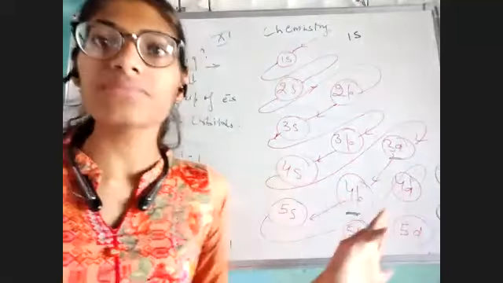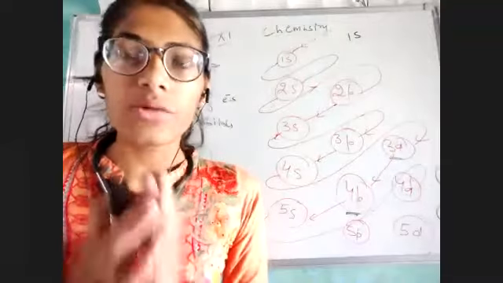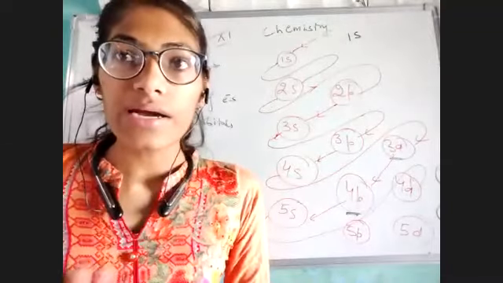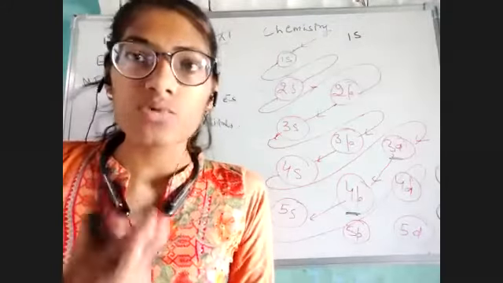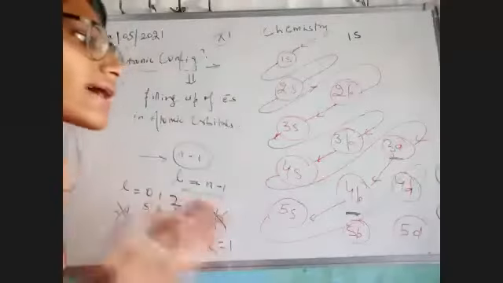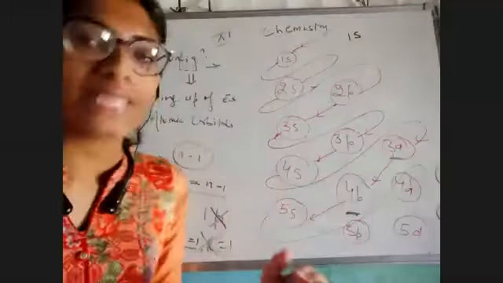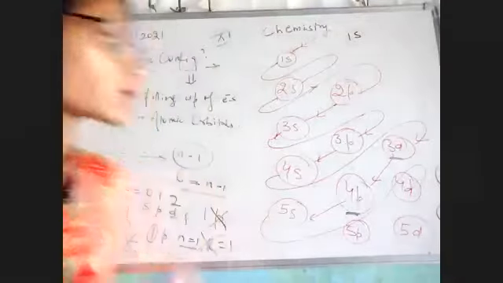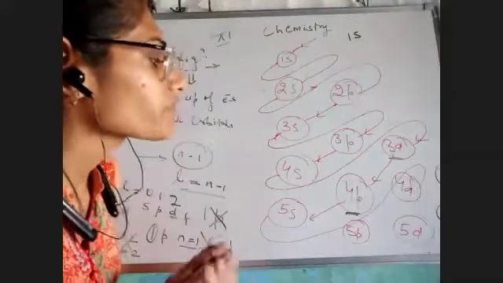This is not something based on a rule. The rule says that 1s, 2s are arranged in order of increasing n as well as n plus l. I have told you that if our n plus l value is lower, then it has lower energy compared to the other one. Suppose I'm talking about 4s.